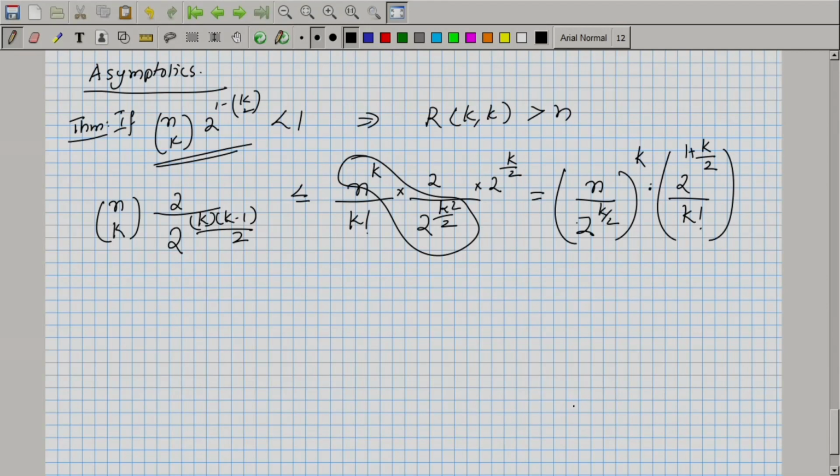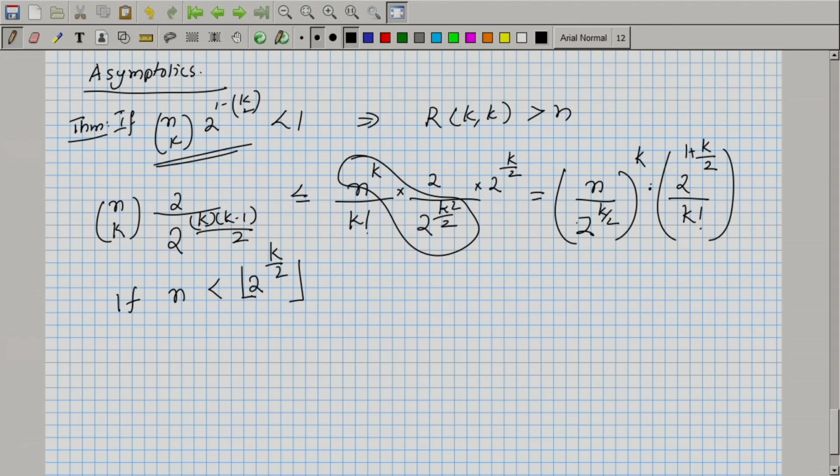Now, if you look at this quantity, if n is, let us say, less than 2 raised to k by 2, or floor of 2 raised to k by 2, since 2 raised to k by 2 depending on k being even or odd may not be an integer.